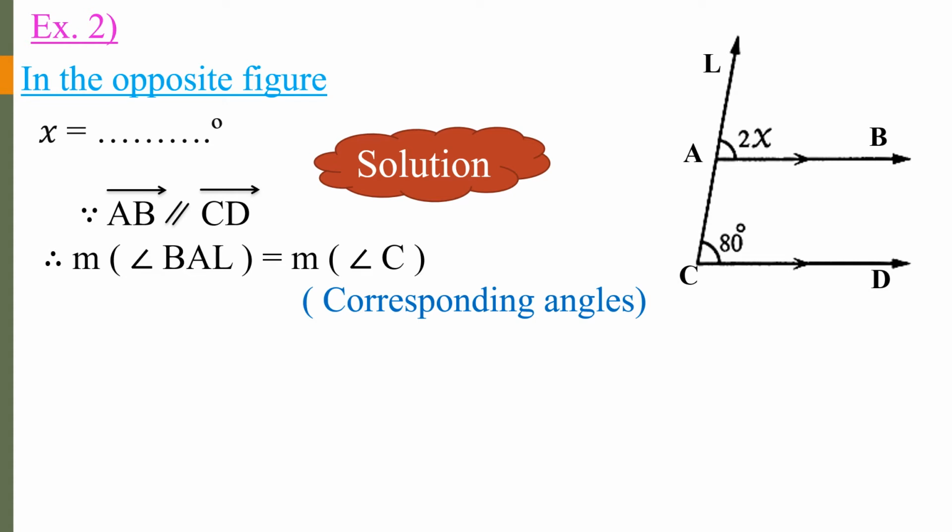Now we can replace measure of angle BAL by 2x, equal to measure of angle C, which is 80 degrees, and solve the equation. So the 2 goes to the other side by division. So x equals 80 divided by 2, then x equals 40 degrees. Then the value of x equals 40 degrees.